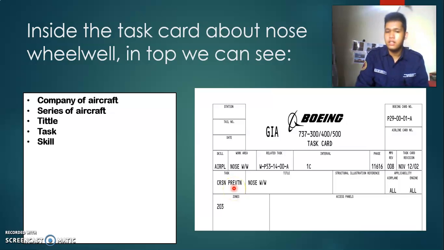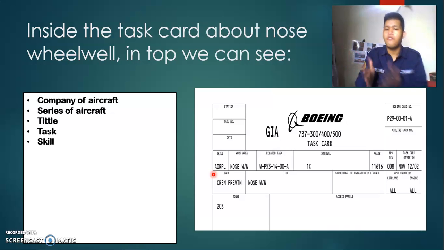Next, skill. After we know the title and what we should do, we see who the person is that works in this place, who does this task card. In this task card, the person is an airframe power plant engineer. That means an engineer who has an airframe power plant certificate.